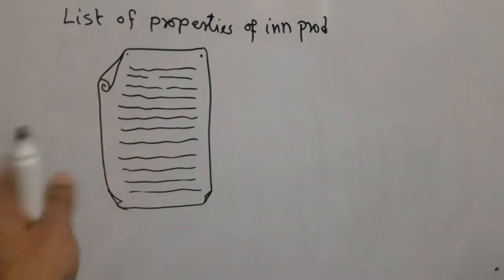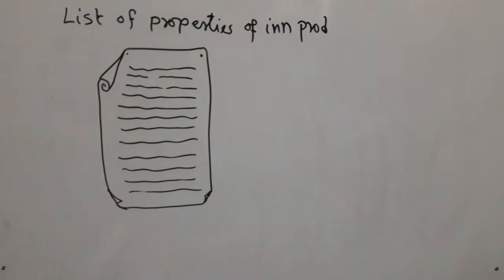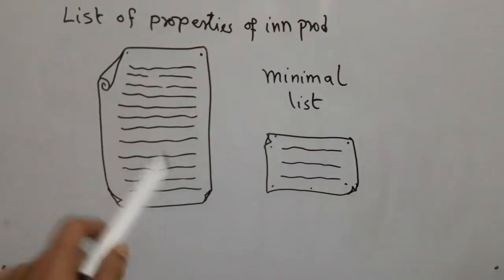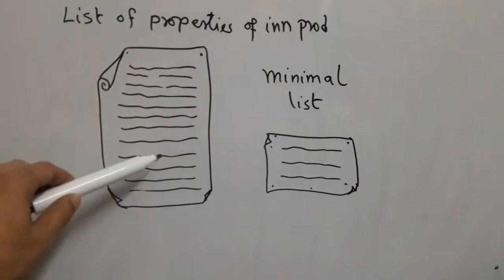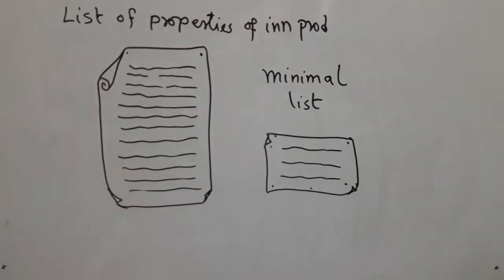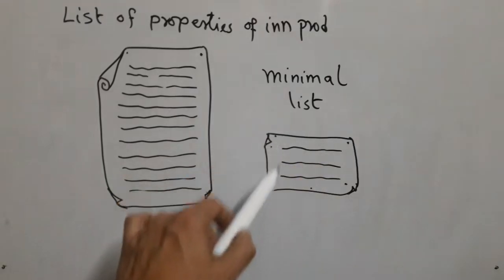We throw those consequent properties away. In other words, we are trying to make a minimal list which contains the entire essence of all these properties. In the sense, give me any property here, it is either in the minimal list or may be proved from the minimal list, but this is the shortest. You cannot prove this from these or this from those.